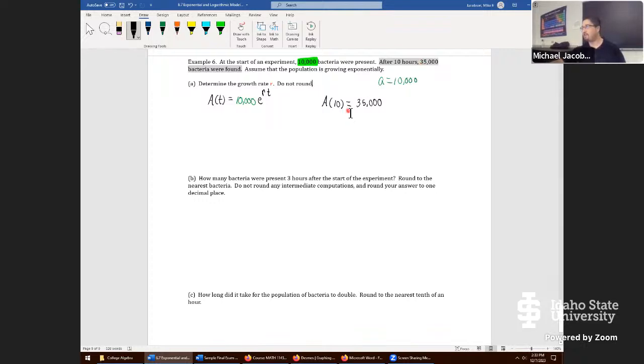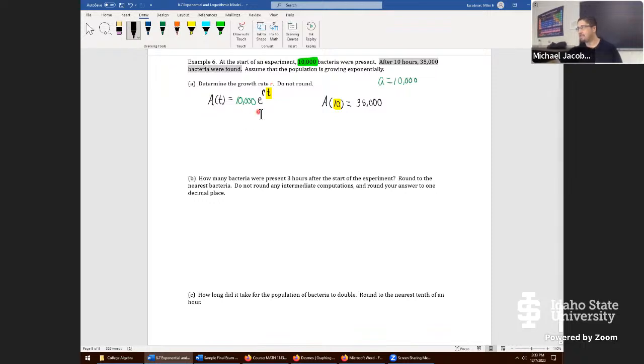So at 10 hours, we have 35,000. What this does for us is we plug 10 into the model. It gives us a brand new equation for which R can now be solved. That second piece of information is what allows us to get through the problem.